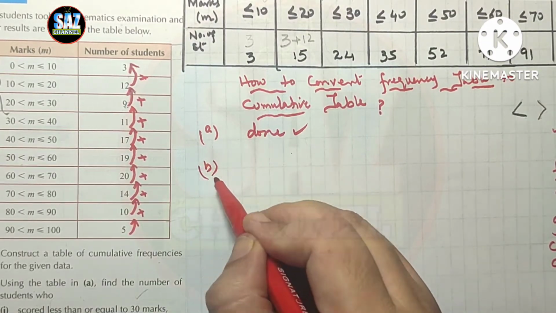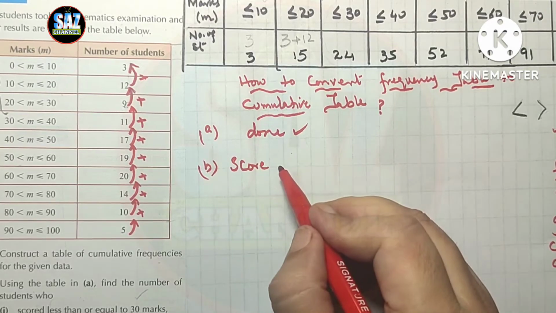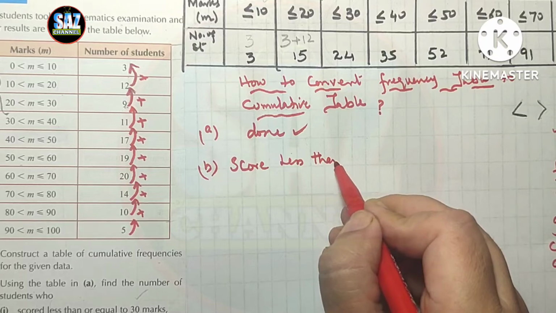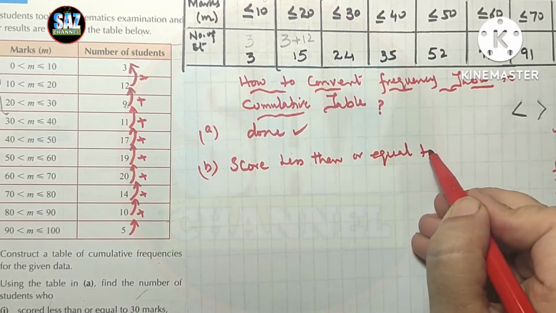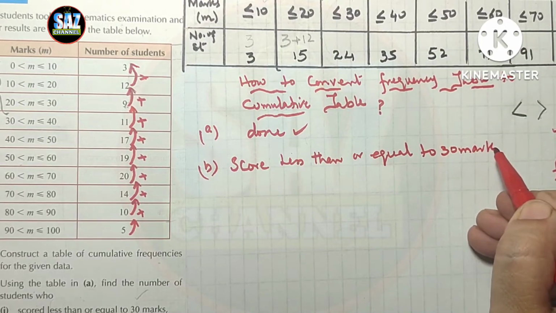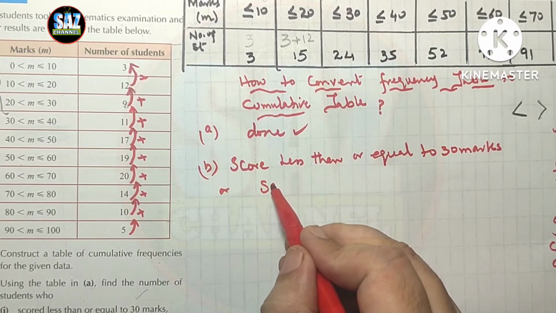B first part is score less than or equal to 30 marks. Very easy and important question.